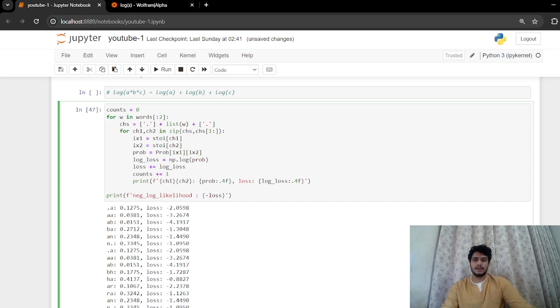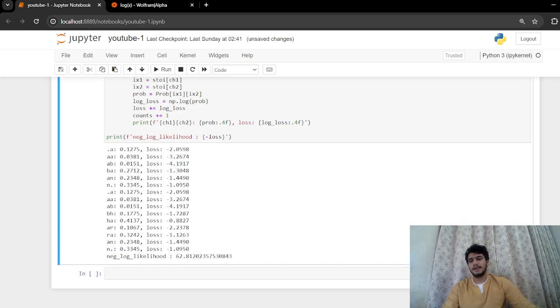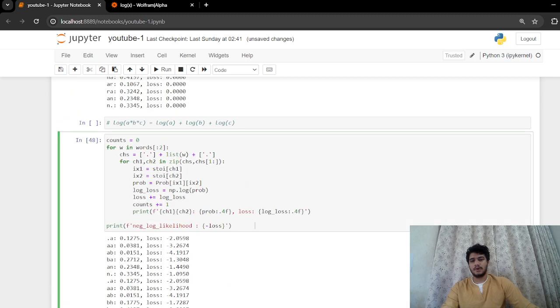So here the number is 62. And what we can do here is the final loss is just the average of it.